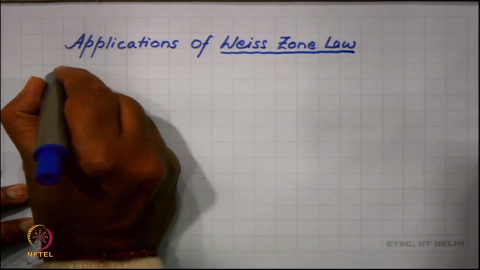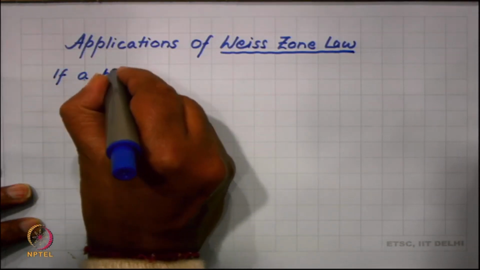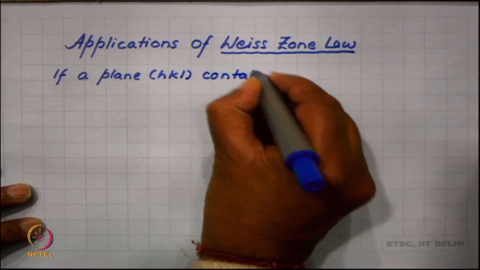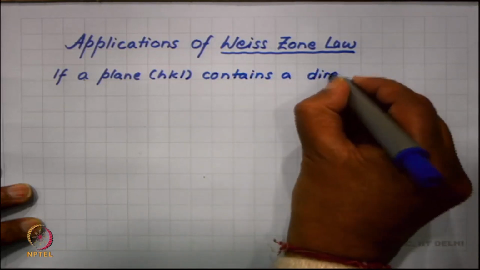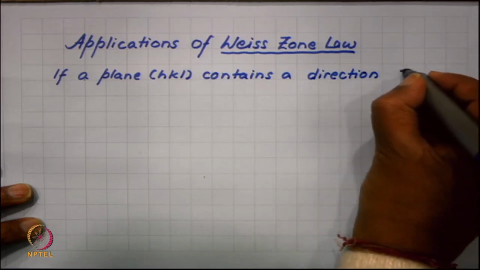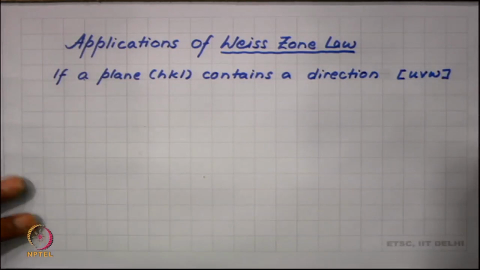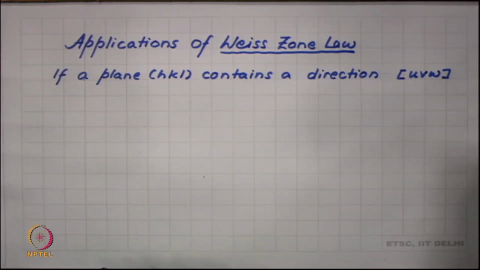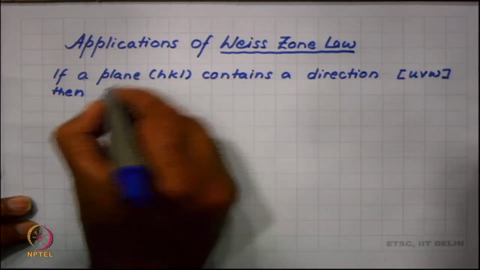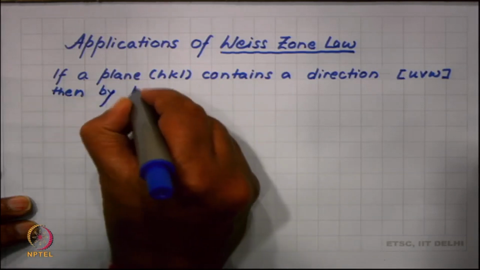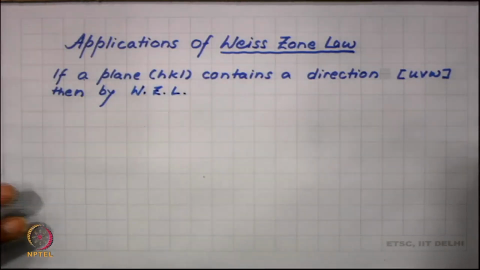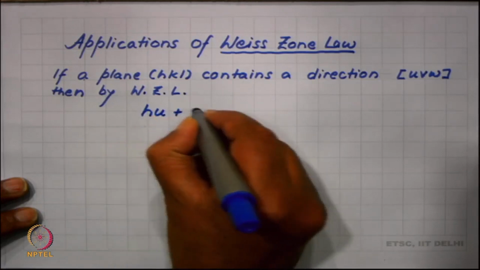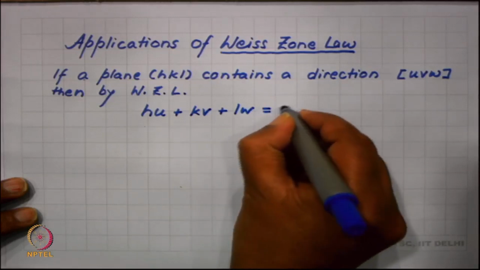It states the condition that if a plane (HKL) contains a direction [UVW], I will again remind you, round brackets for the plane, square brackets for direction, then by Weiss Zone law, I am writing it in acronym, we have HU plus KV plus LW is equal to 0.